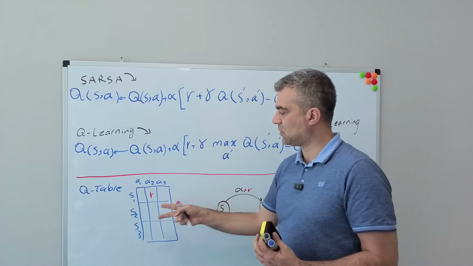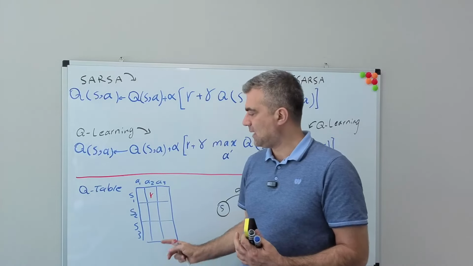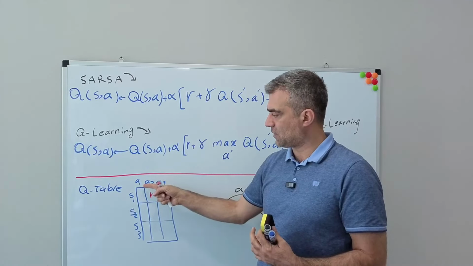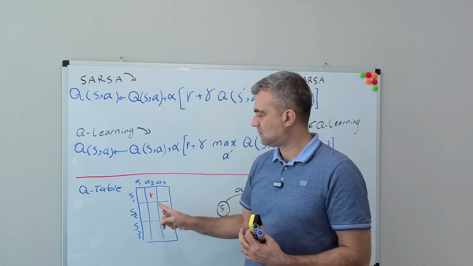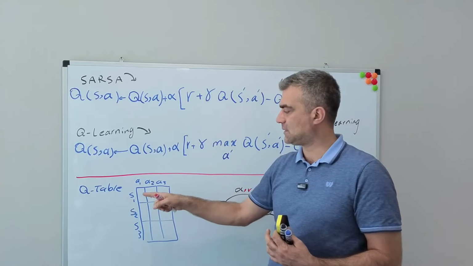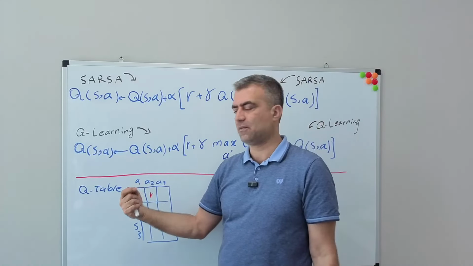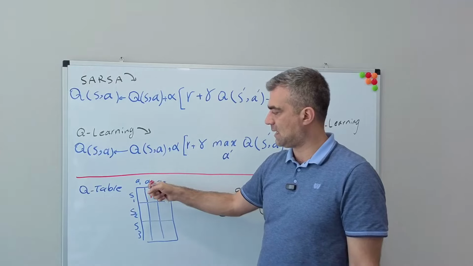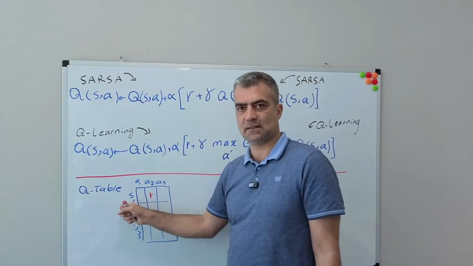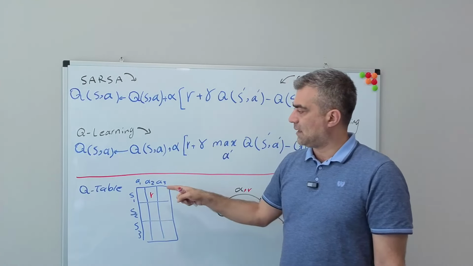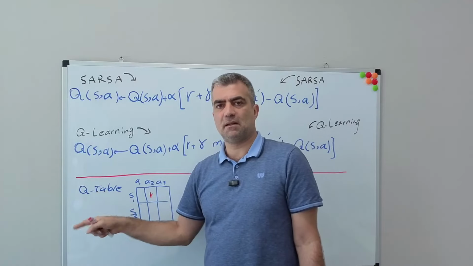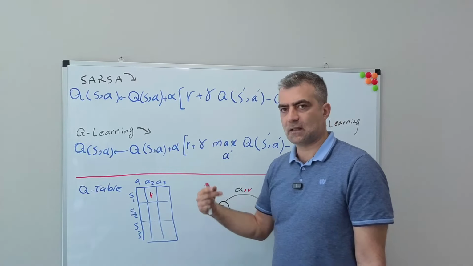So each row corresponds to one state, and each column an action. Each cell is the value or reward of taking that action in that state. And it was called Q table because it is a quality table.